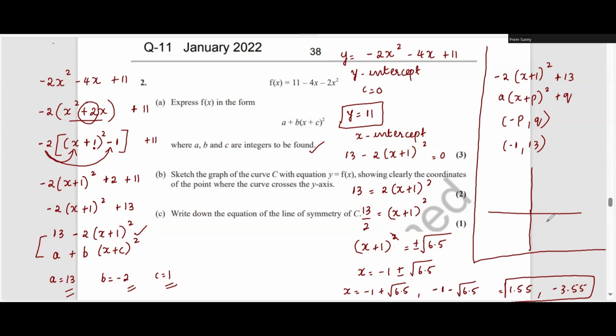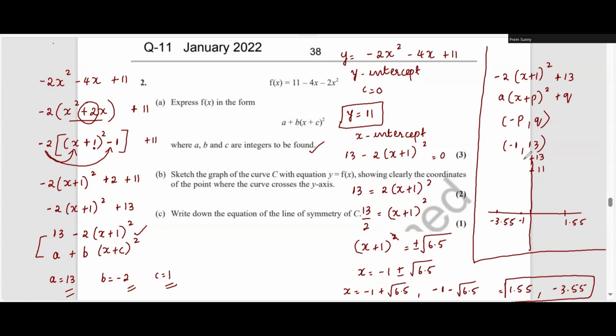The x-intercepts are minus 3.55 and 1.55. The y-intercept is 11, so this is 11. And then the turning point is minus 1 comma 13. So this is minus 1. Let's say that this is 13 here.